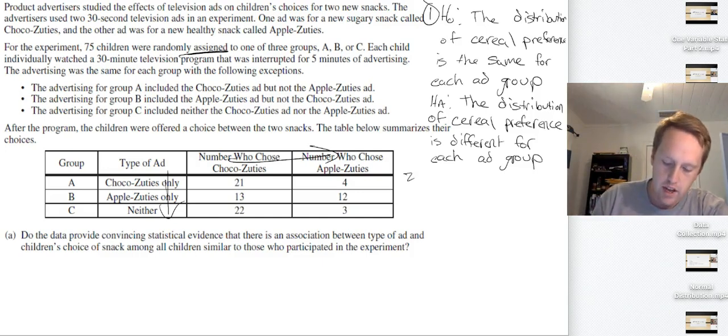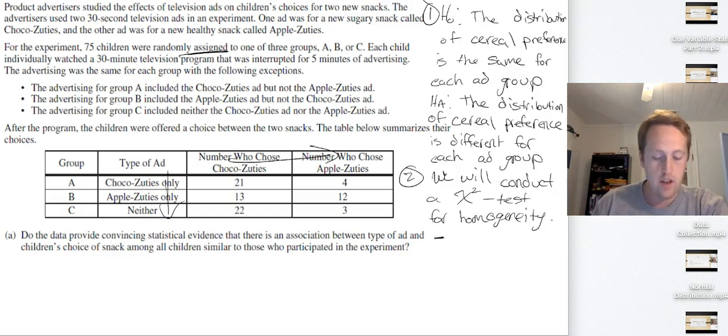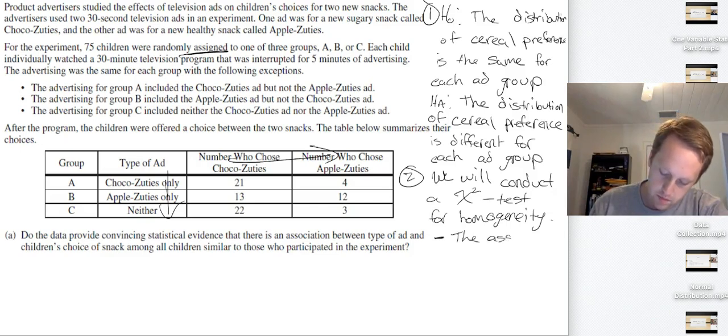Now I've got to move on to plan, so I need to name the test. We will conduct a chi-square test for homogeneity. So randomness. We have randomness because they were randomly assigned. The assignment is random.